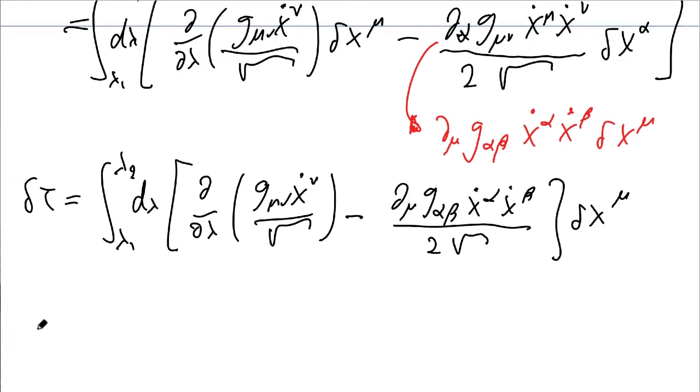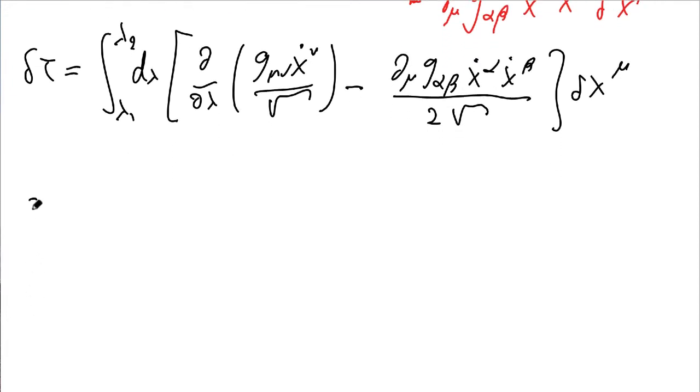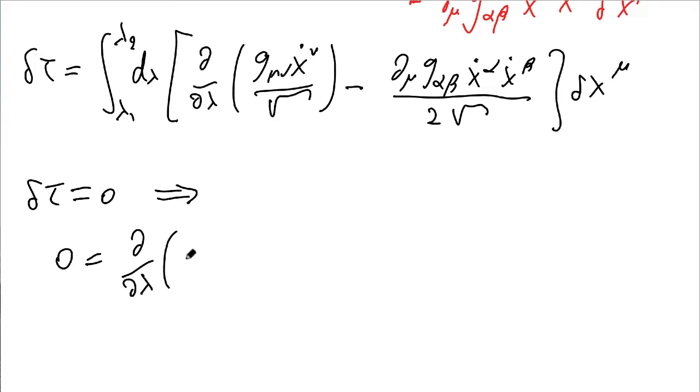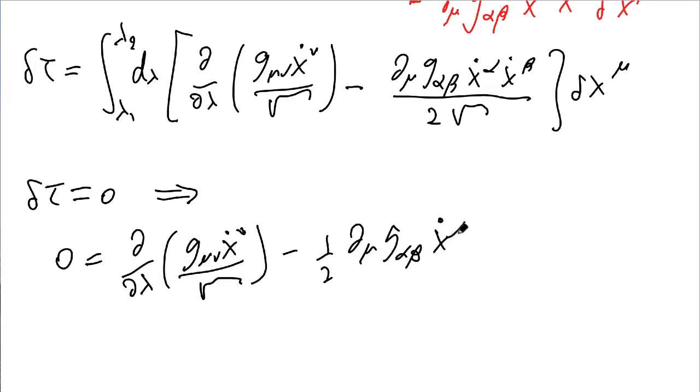Remember, we want to extremize the proper time, so let's set delta tau equal to 0, and now apply the usual reasoning. For delta tau to be 0 for arbitrary delta x mu, the coefficient of delta x mu must vanish. So that gives us the equation 0 equals partial with respect to lambda of g mu nu x dot nu over the square root, minus 1/2 partial mu g alpha beta x dot alpha x dot beta over the square root.